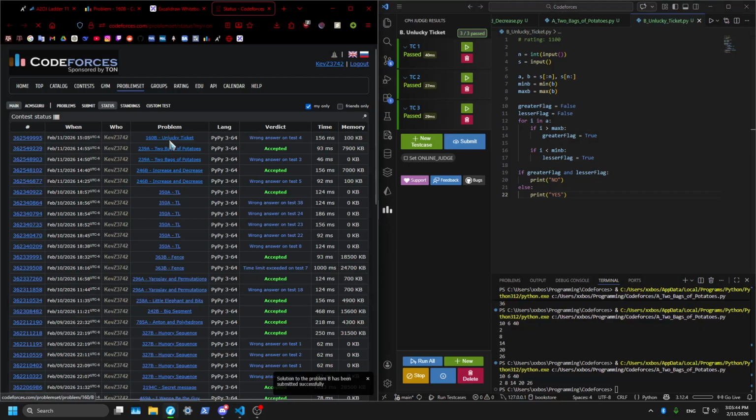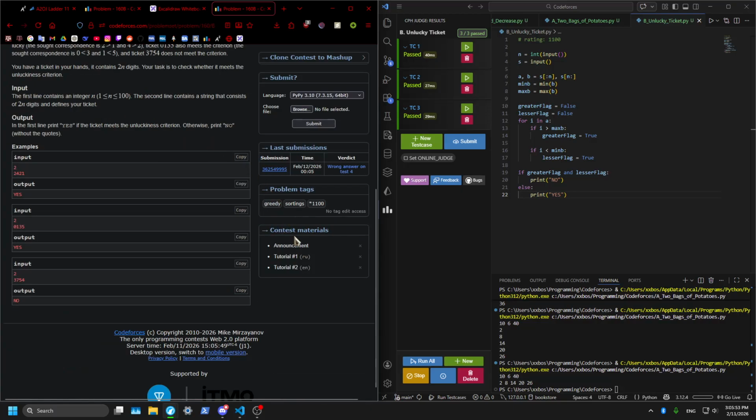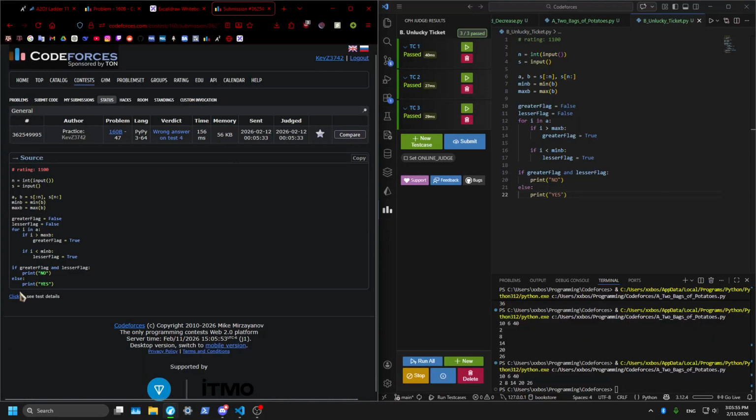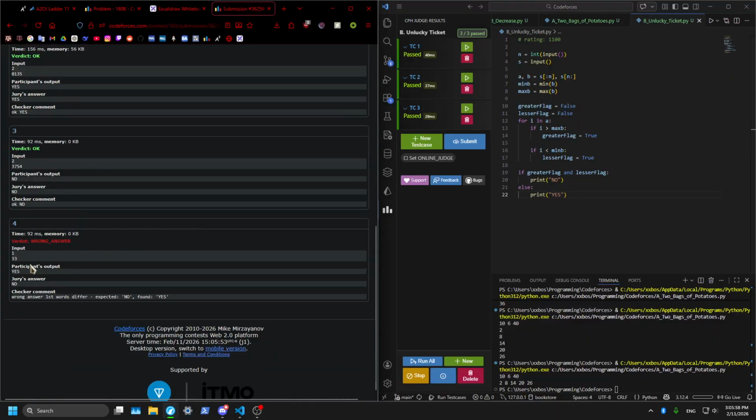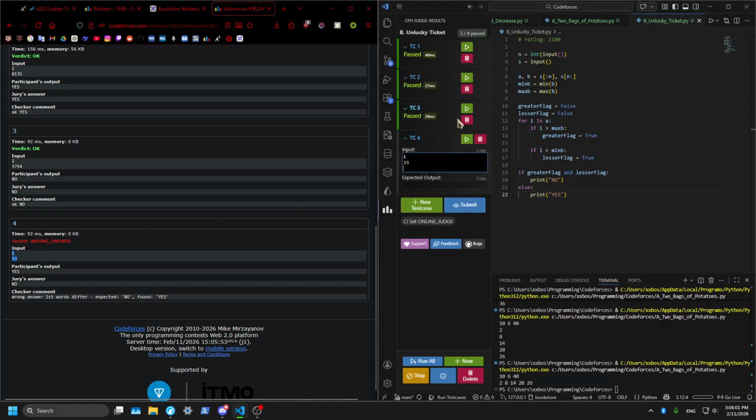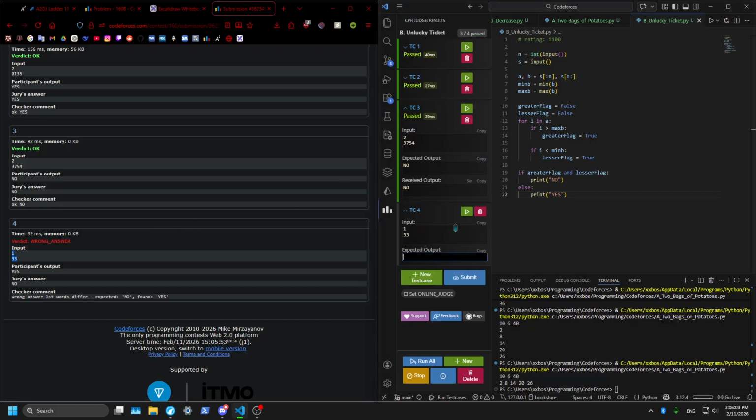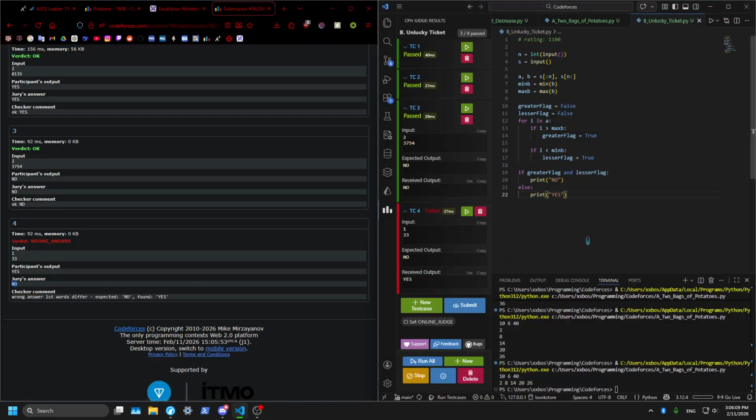Wrong answer. Jesus. Expected output is no, we print yes. Okay, it's both 3, so we're saying this is a lucky number.